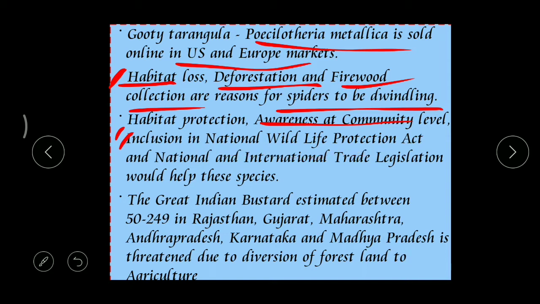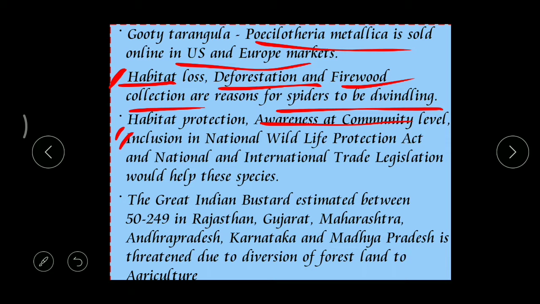That means among all the nations there should be some conditions in order to control the destruction of this bird. So by taking all these precautions, or by following all these measures, we can control the disappearance of this species.